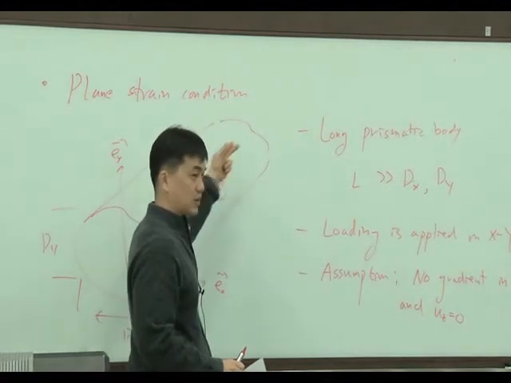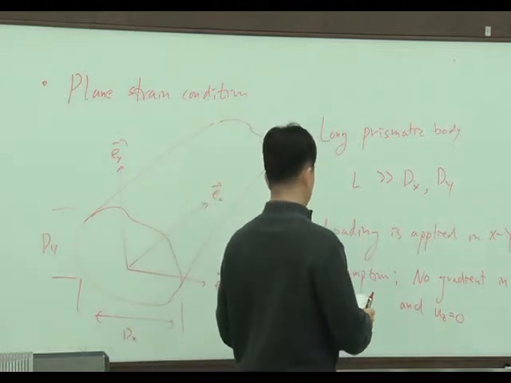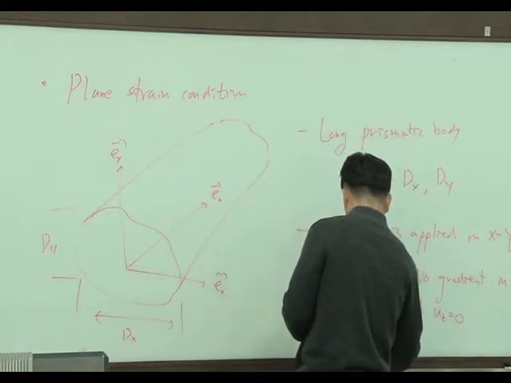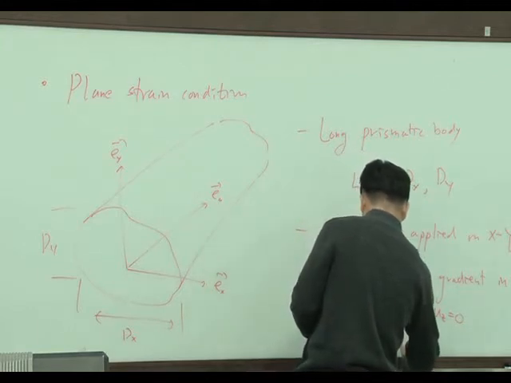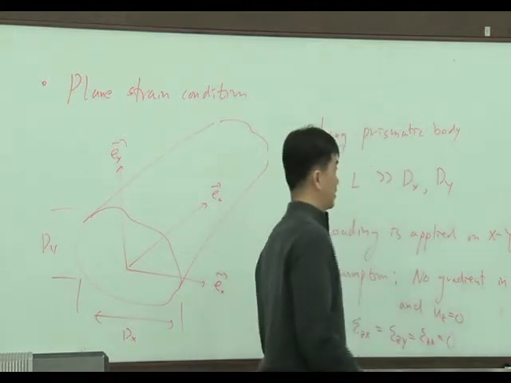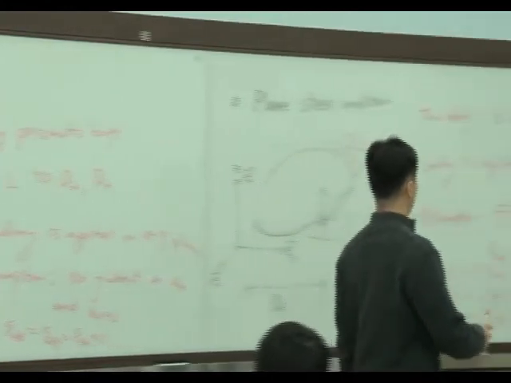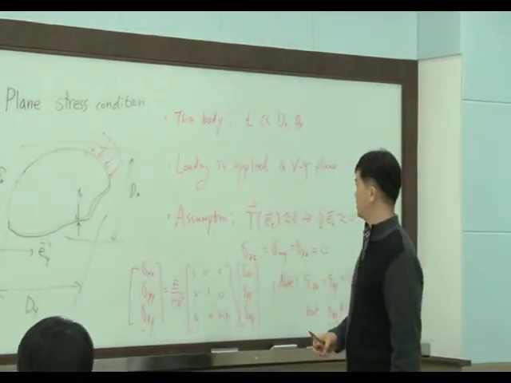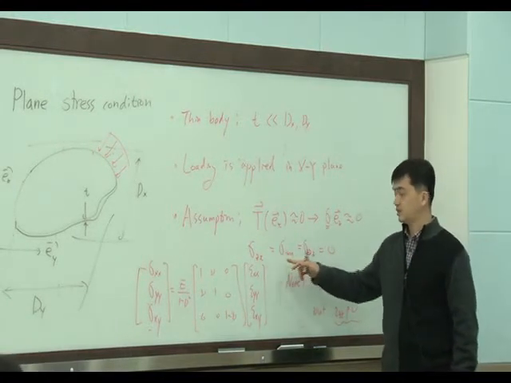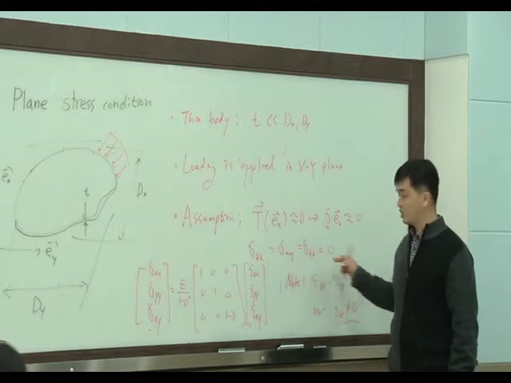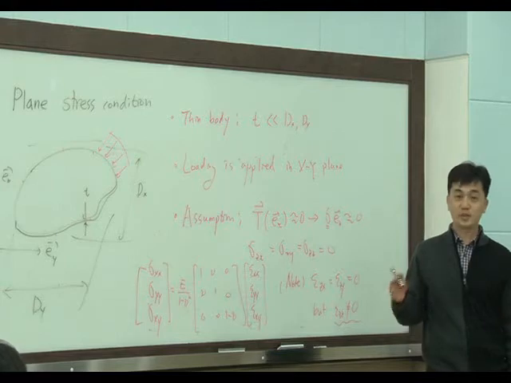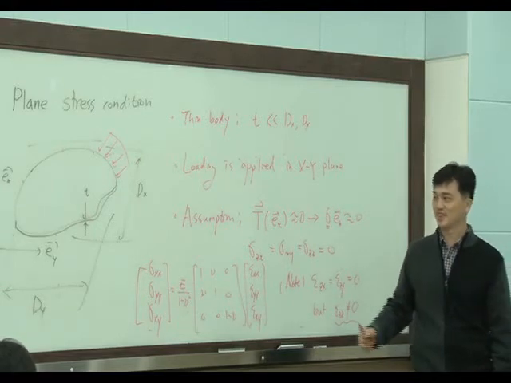So there is no displacement in this direction. This condition results in strain components epsilon zx, epsilon zy and epsilon zz equal to 0. So the plane stress condition and plane strain condition are very similar. In plane stress, stress about z is 0. In plane strain, strain about z is 0. So both are similar, yet totally different.